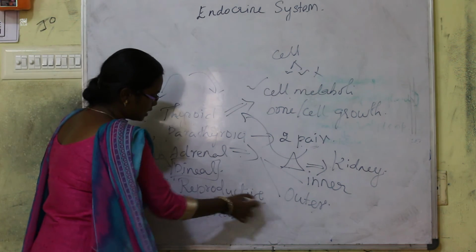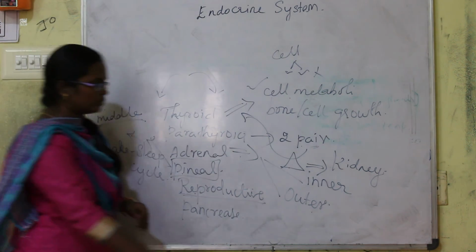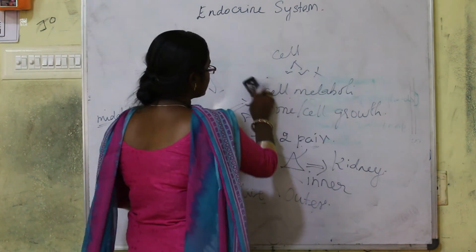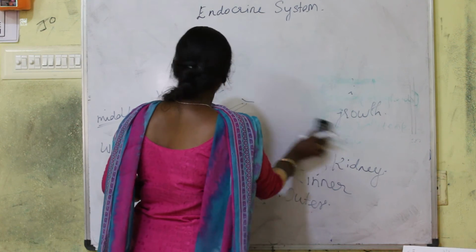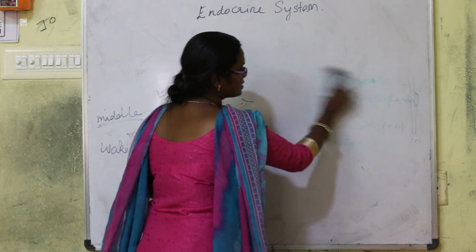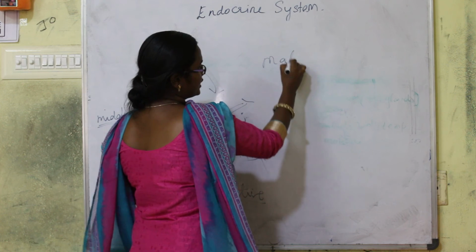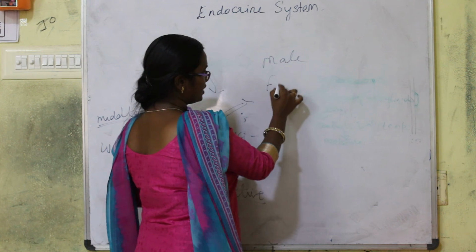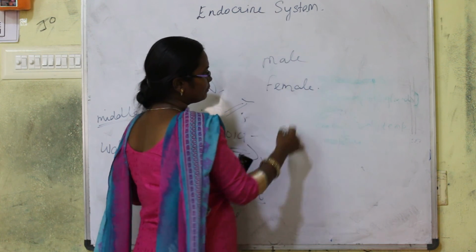Then comes the reproductive glands. Reproductive glands have two types. The first one is the male reproductive system. Second one is the female reproductive system.